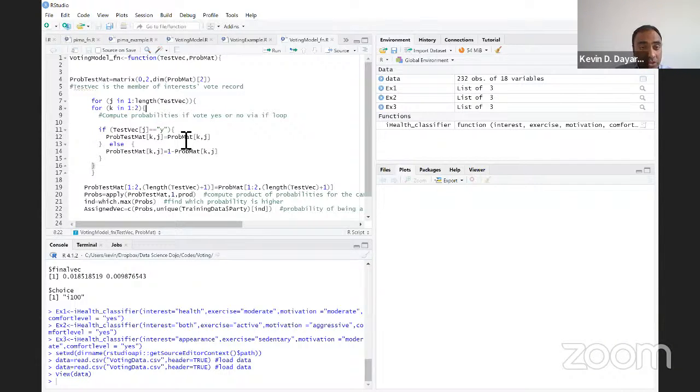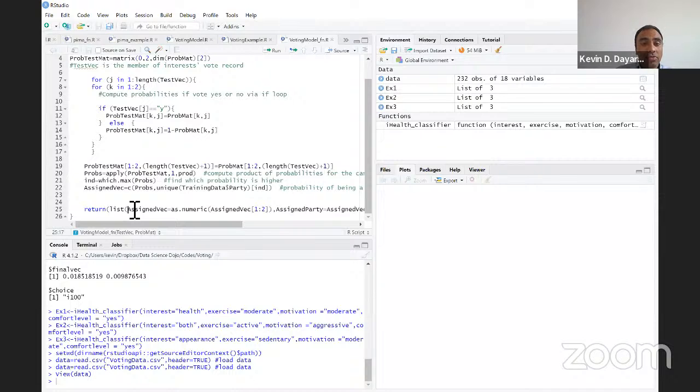If the person voted yes, you use that probability. If they didn't vote yes, you take 1 minus that probability for both parties. You multiply them together, and again, you extract out which one wins, and that is returned here.